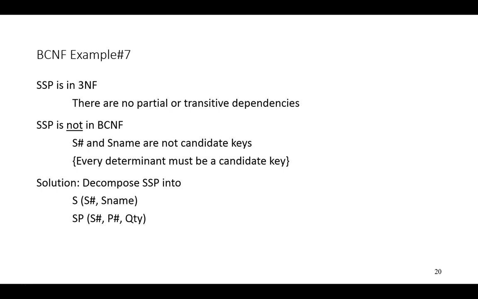The solution to bring this up to a level of being in Boyce-Codd normal form is to decompose the relation SSP into two relations. One which we'll call S, which consists of S number and S name, and the second, which we refer to here as SP, consisting of S number, P number, and quantity.